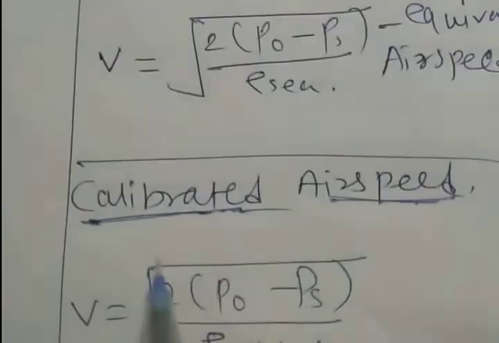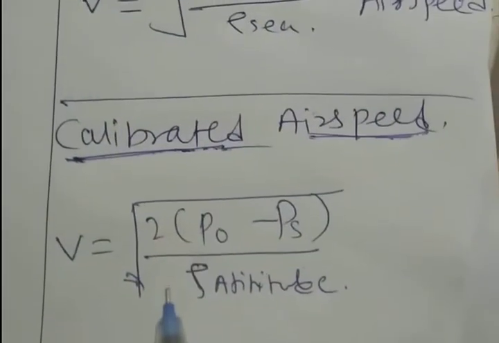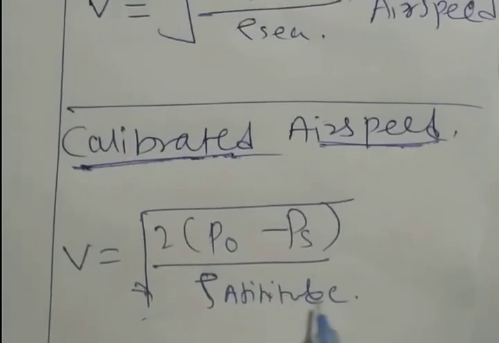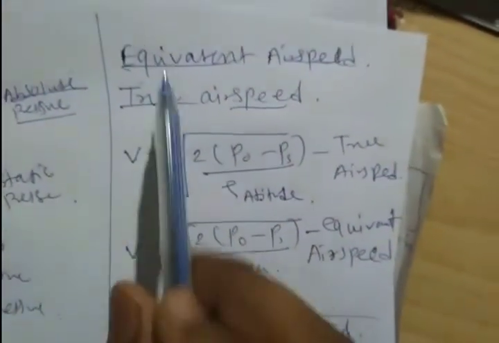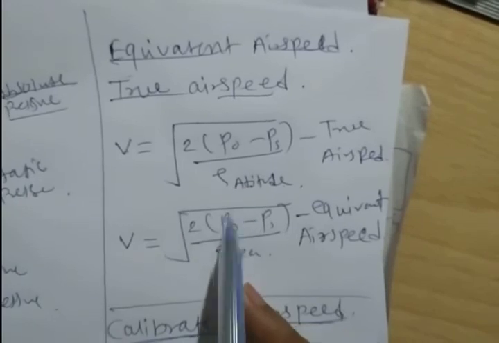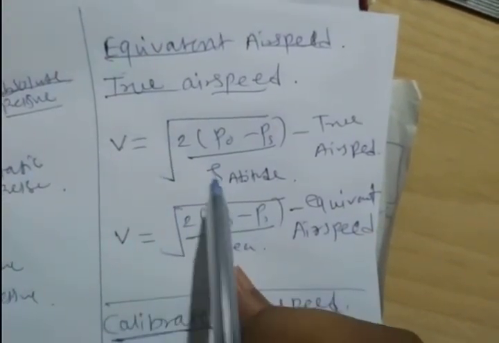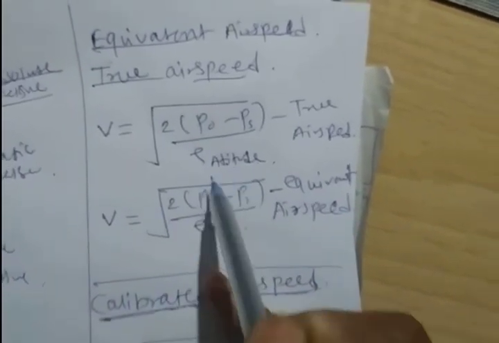There will be questions on equivalent airspeed or true airspeed, because calibrated airspeed is determined by considering lots of different phenomena like temperature, or flow interference, etc. This is a complicated case, so no questions will be asked. So what we have to look at is the equivalent airspeed, in which rho at sea level is used, and the true airspeed, in which the local density is used. Okay, fine, thank you.